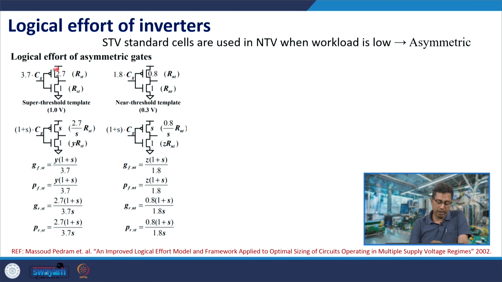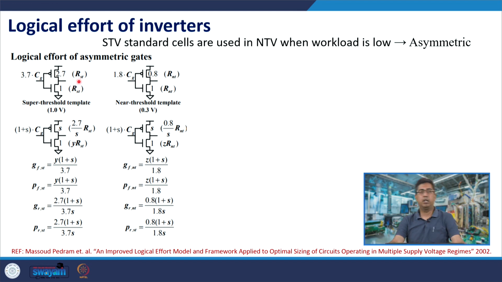Therefore, when they use this standard cell library for near threshold voltage operation, the output transition times would not be matched, and the output rise time would be quite small compared to the output fall time for, say, a step input.